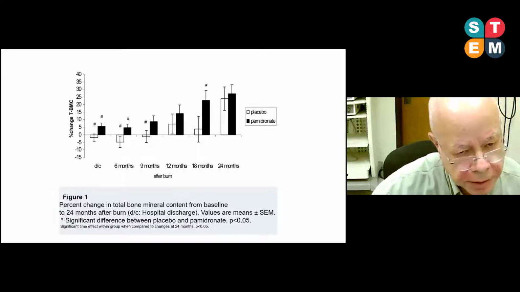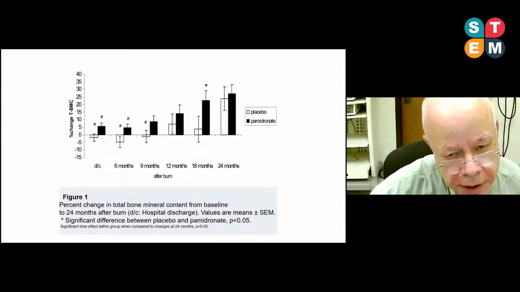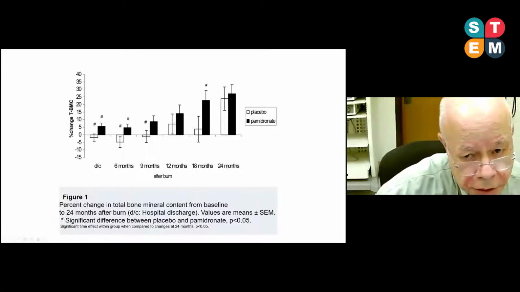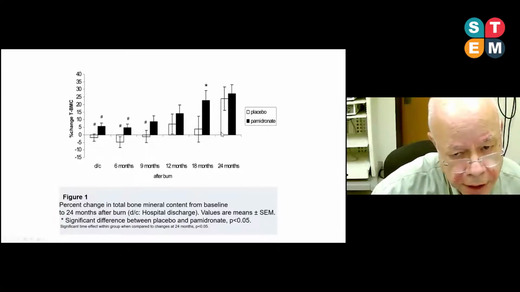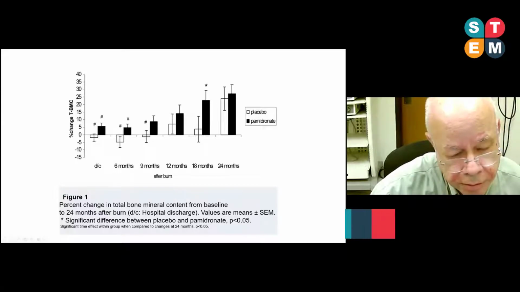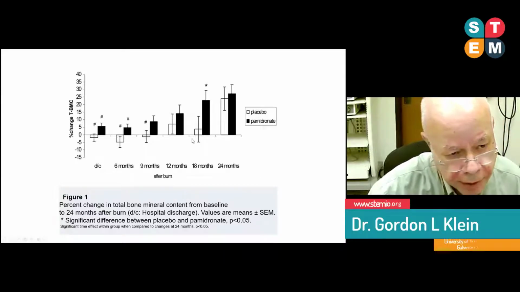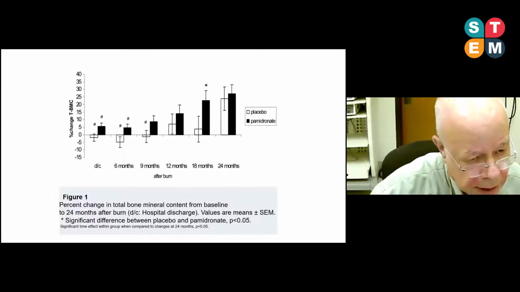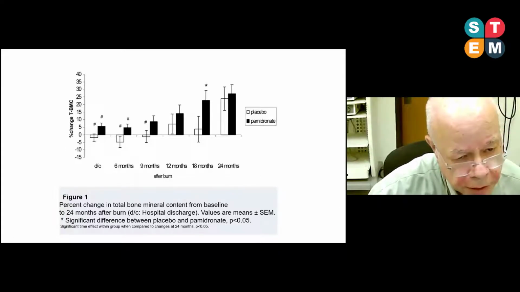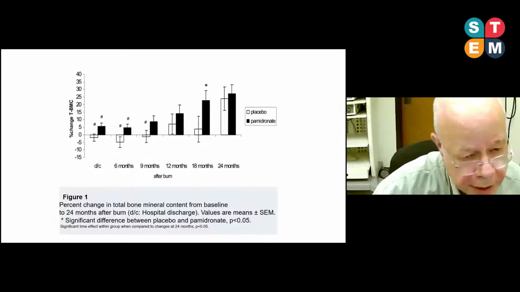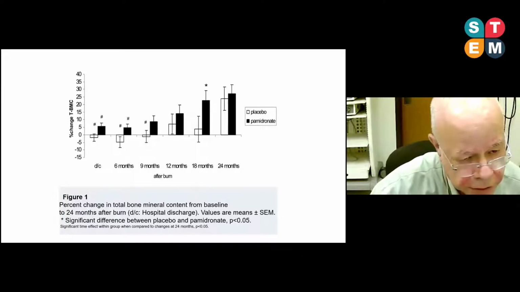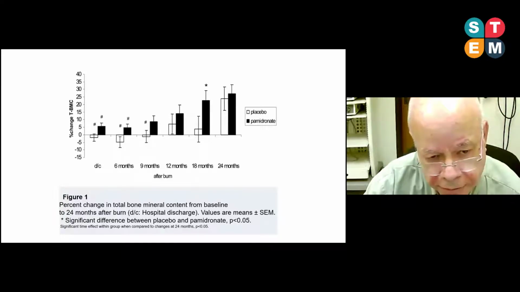Those who received the placebo in the white bars lagged behind until 24 months, when in fact the placebo group spontaneously recovered. So this was a change in total body bone mineral content, and this incorporates both cortical bone, which is 80% of total body bone, and trabecular bone, which you'll see on the next slide is metabolically active bone.